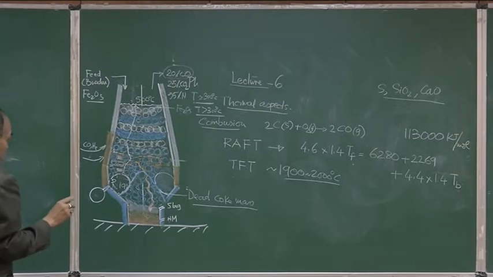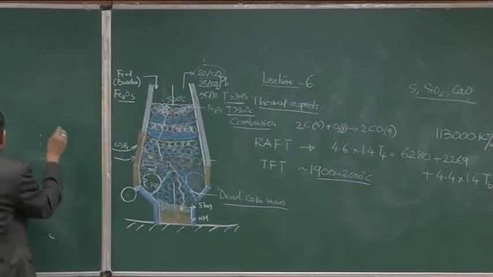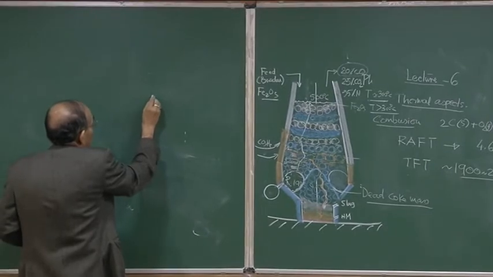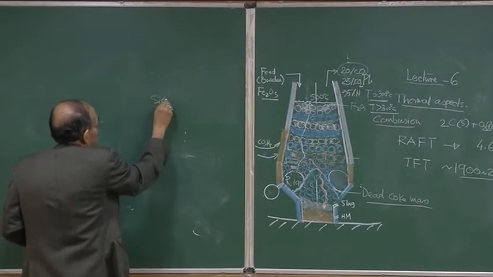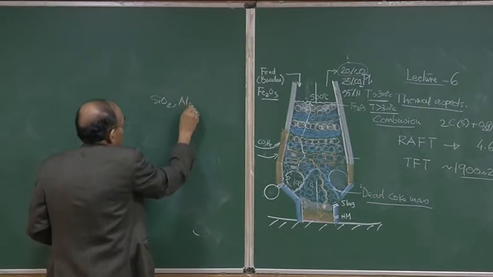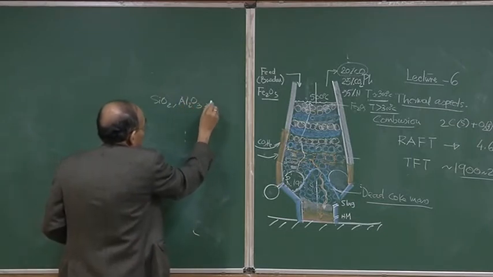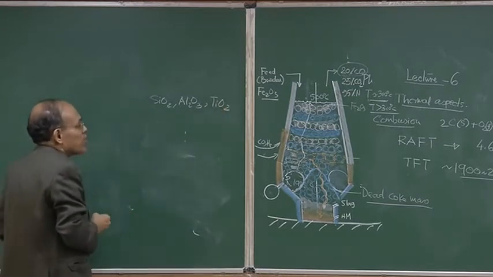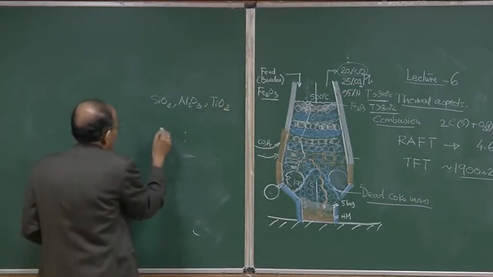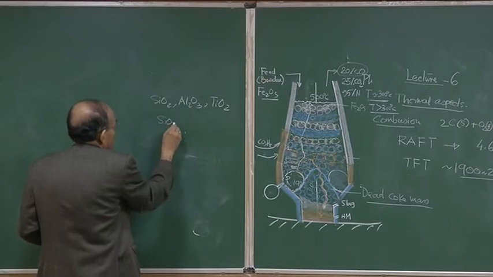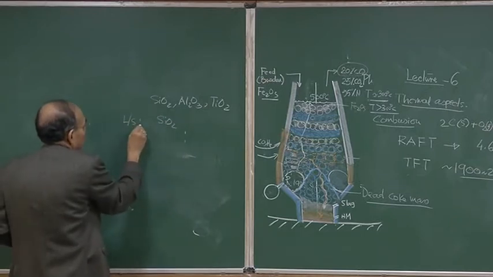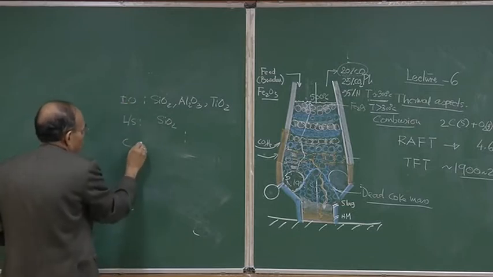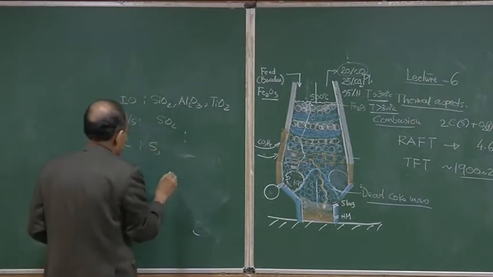Now, as the reduction reaction takes place, we must understand that the iron ore that we charge has a lot of impurities, and I have already mentioned impurities like silica and alumina. These are my major impurities in the iron ore, along with titanium dioxide. Coke impurities I have given. Limestone also contains silica, and coke, as we have seen, contains sulfur.